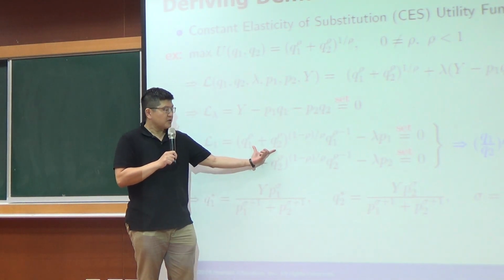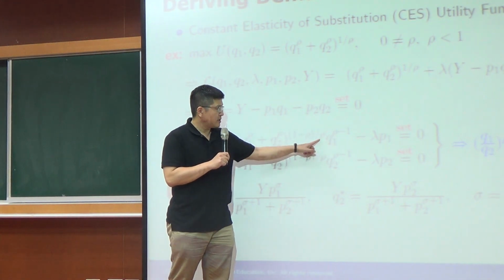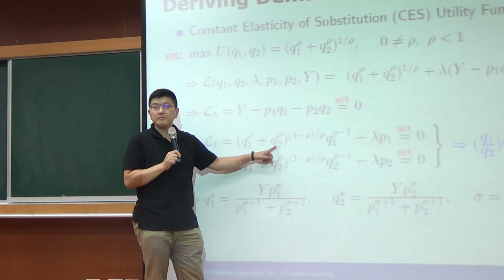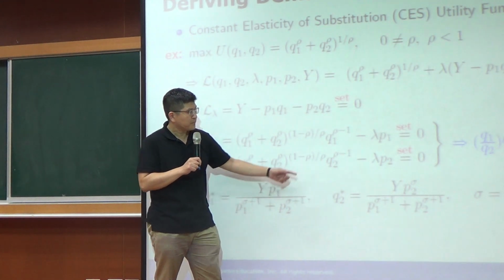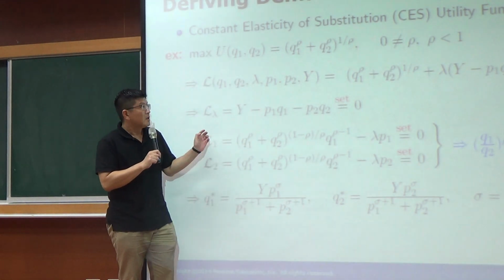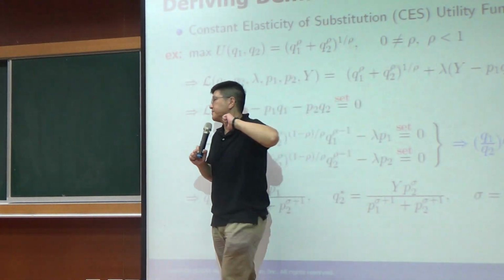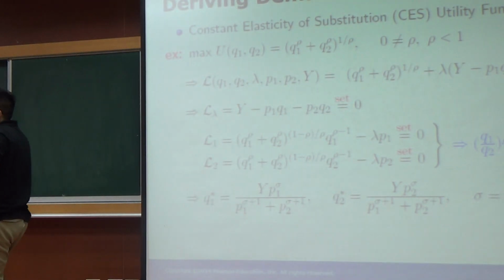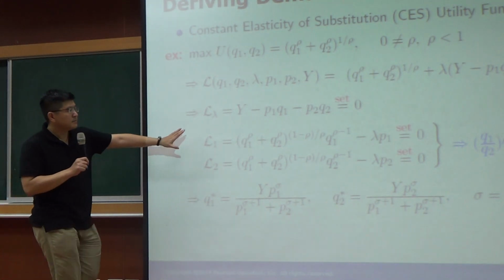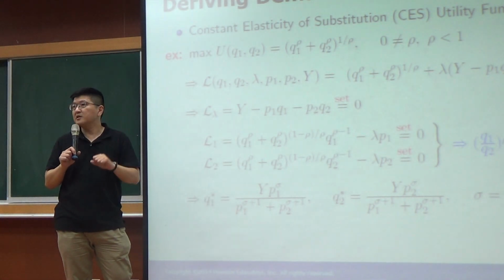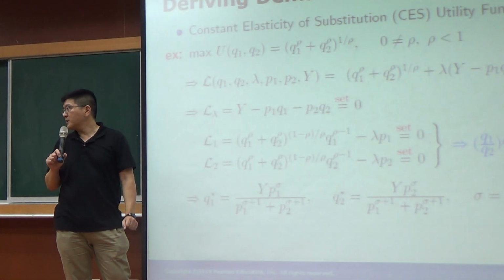It's a positive term. No matter the power of this term, it must be positive. So whatever value rho is, the marginal utility must be positive. Okay?